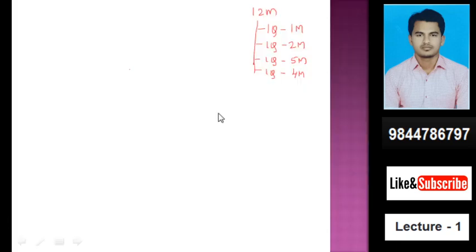According to the Karnataka State Board syllabus, this topic will carry 12 marks, out of which one question for 1 mark, one question for 2 marks, one question for 5 marks and one question for 4 marks.